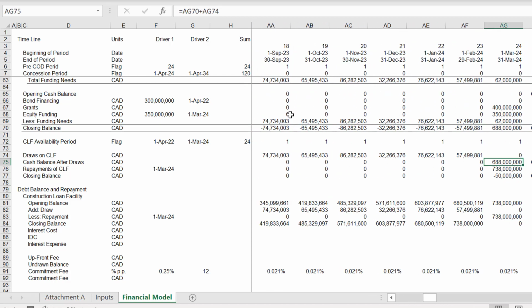And then we have to repay this loan, and we started with a cash balance, and hang on. This should have been this, and this should have been. We got a positive cash balance. Oh, we take it away. That's okay, and then we get a closing balance.